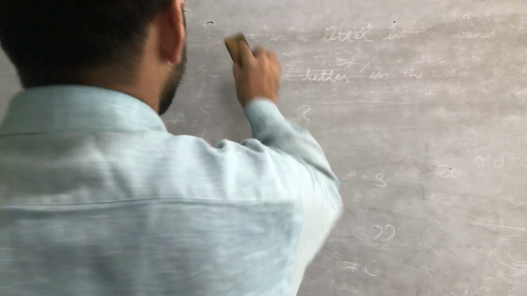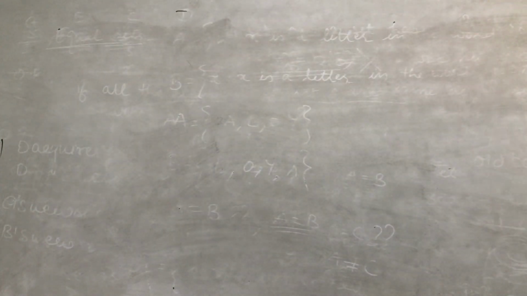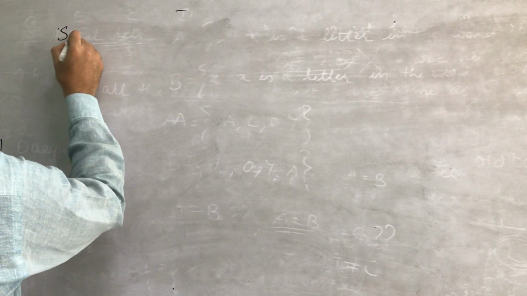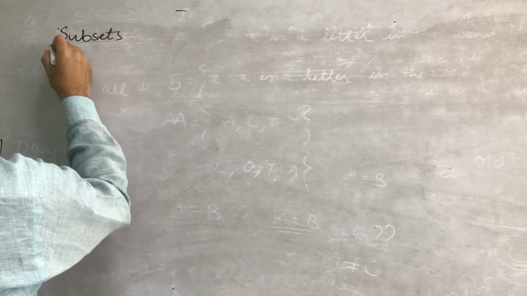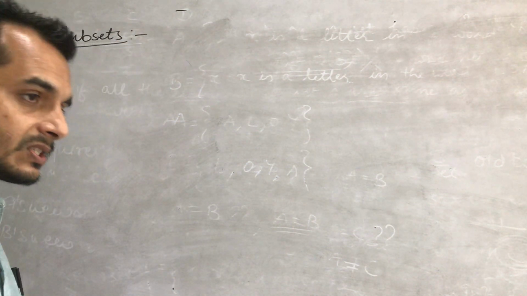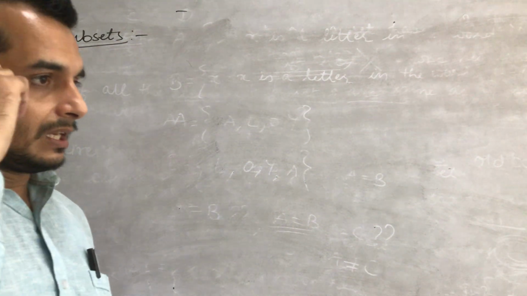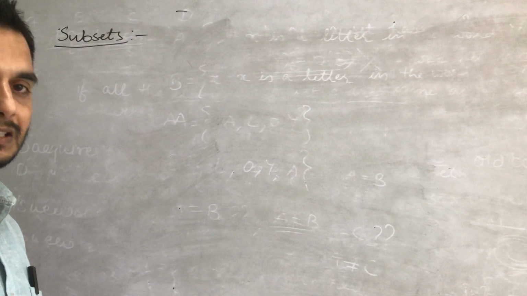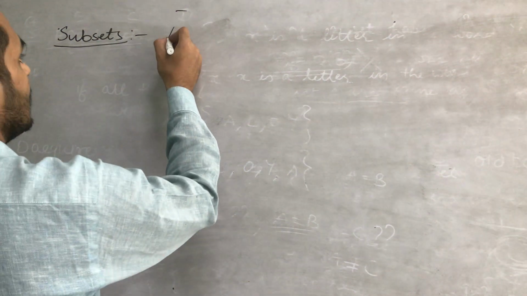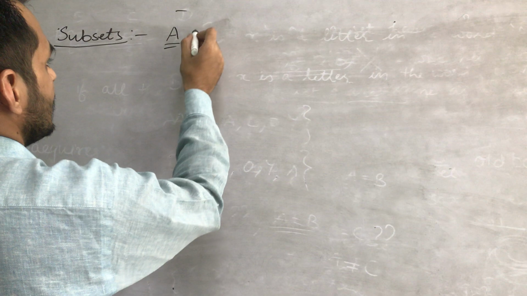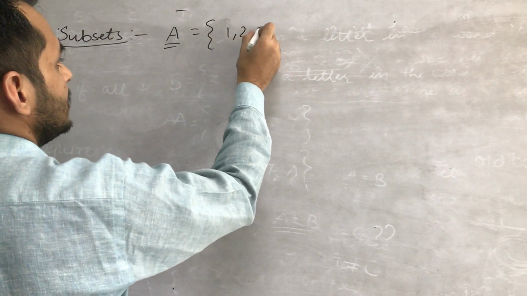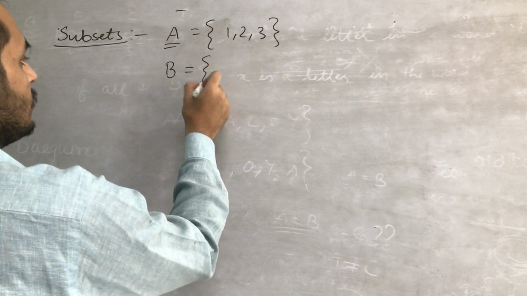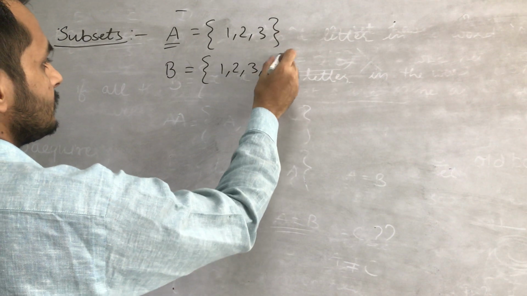Now coming to the next topic, which is subsets. Okay, now what is a subset? Let's say set A equals 1, 2, 3, and set B equals 1, 2, 3, 4.